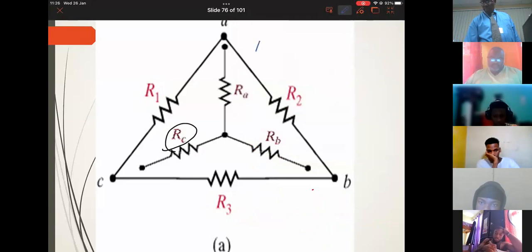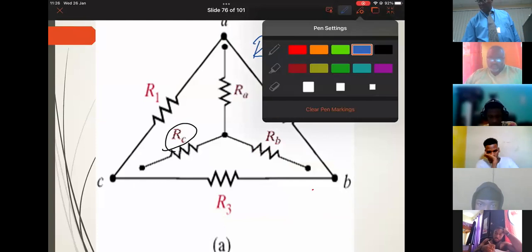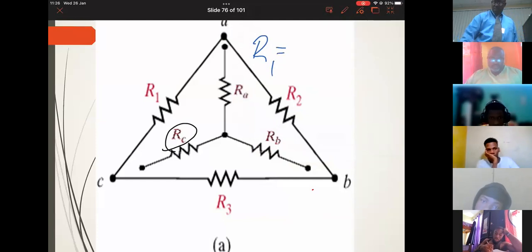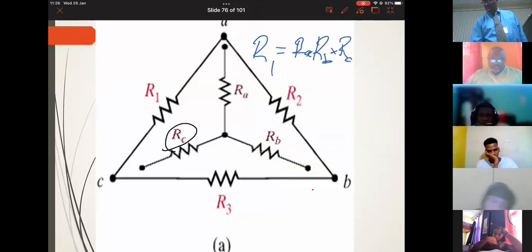RC is in the star, sir. What did I just say? RC is in the star. I want R1, sorry. Thank you for that. All right, so I want R1. So if I want R1 in the delta, given the star, then I would have the sum of products, RA RB plus RA RC plus RB RC.